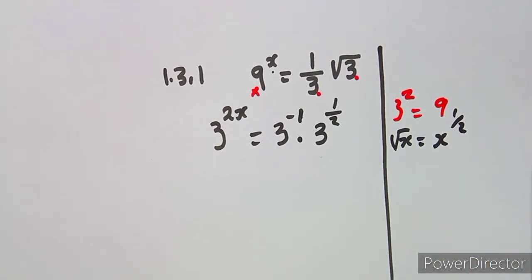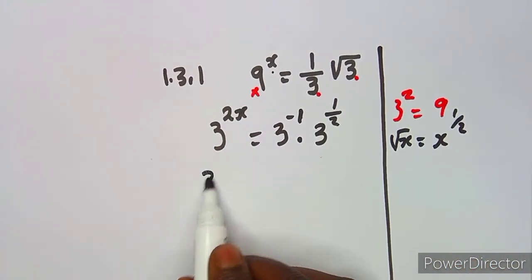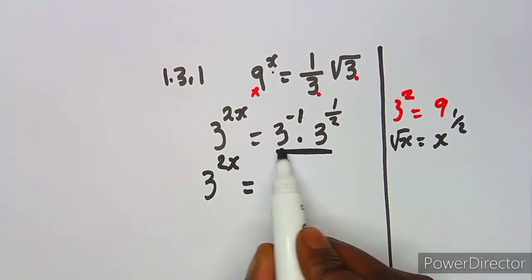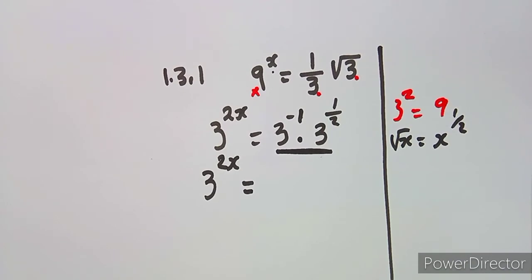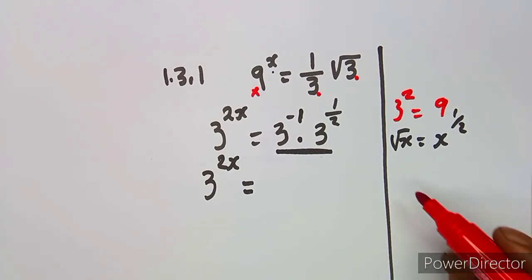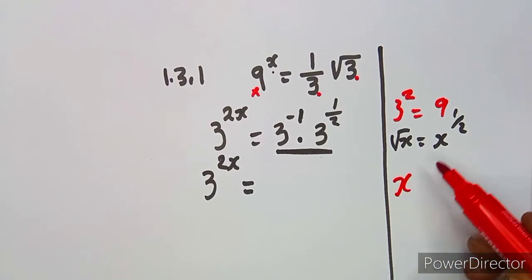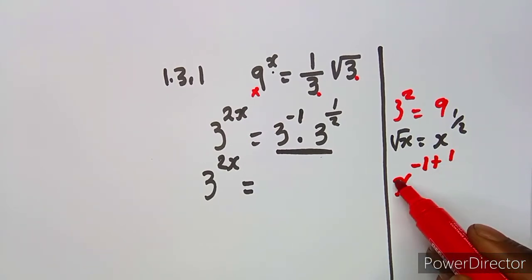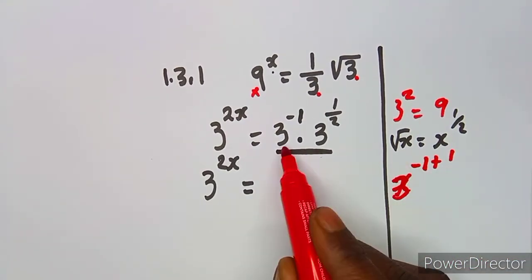So now we can rewrite this 3 to the exponent of 2x, which is equal to, here I'm supposed to combine. I'm multiplying, so I'm back to that condition now of adding the exponents. So it's going to be minus 1 plus a half. Okay, this is 3, not x. This is 3, guys. Take note, this is 3.